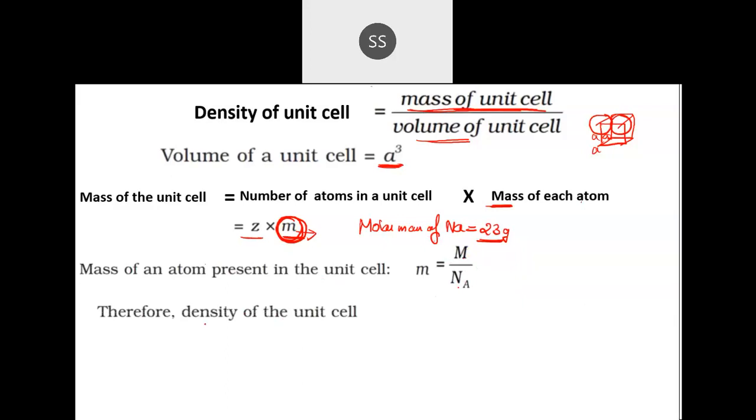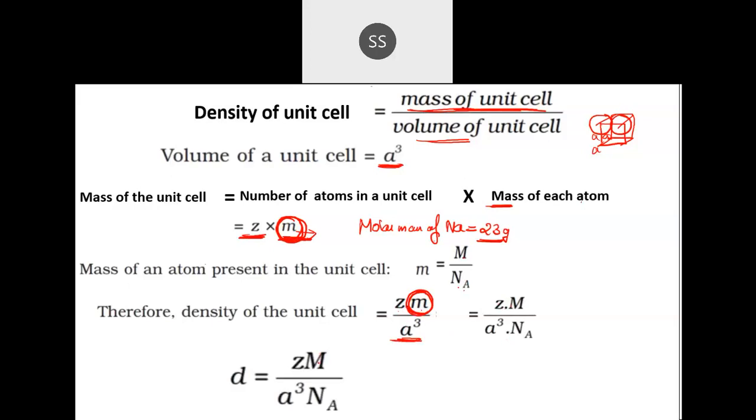Mass we have written as Z into M, that is mass of one unit cell, divided by volume of the unit cell, which is A cube. Now we know that in terms of molar mass, this mass I can write as molar mass divided by Avogadro number. So we have changed and written it as capital M divided by Na. So this is the final density formula, which we are going to use to work out the problem.